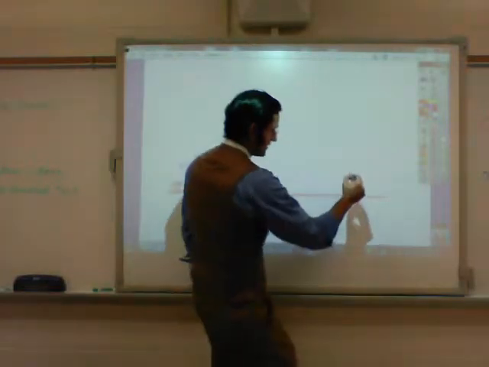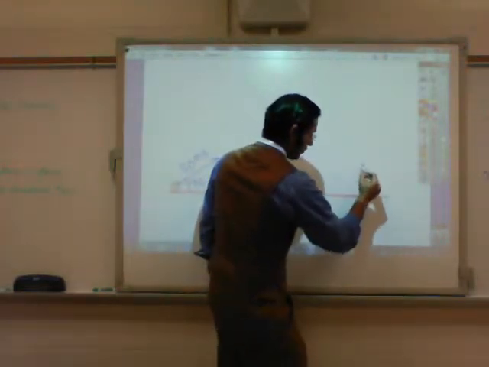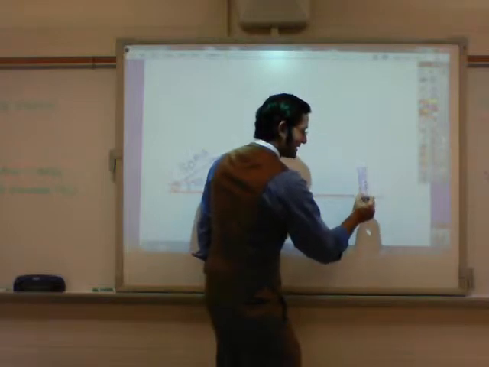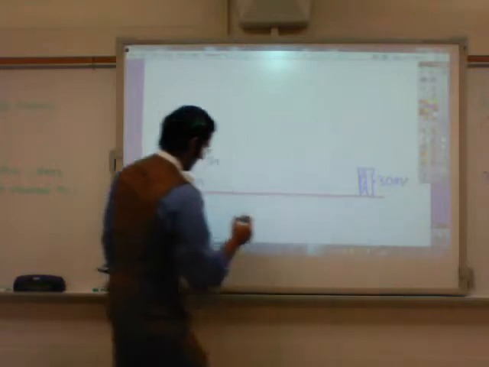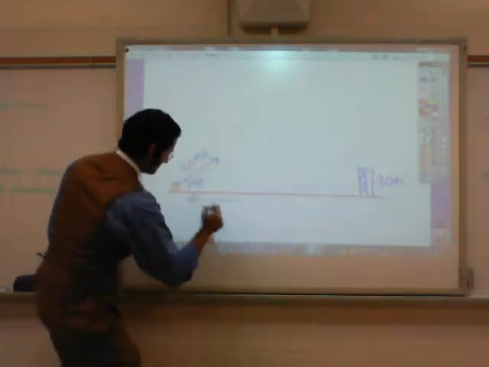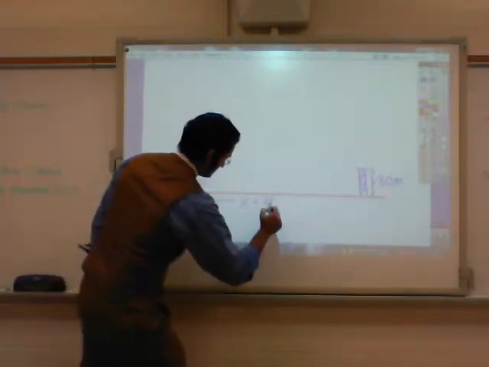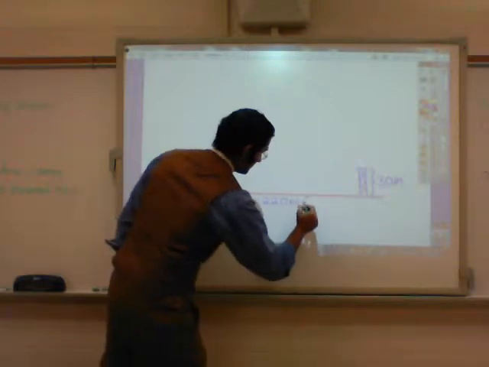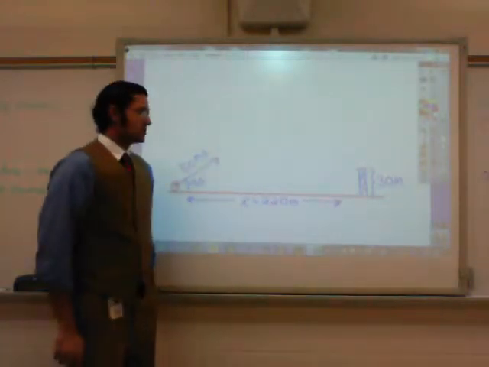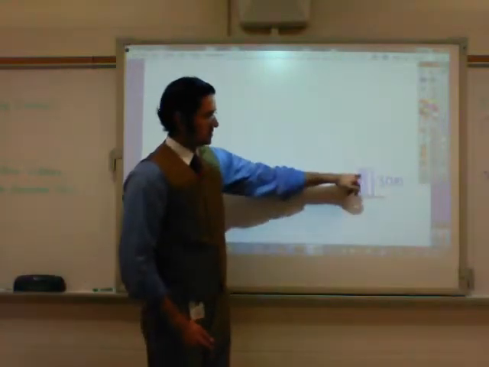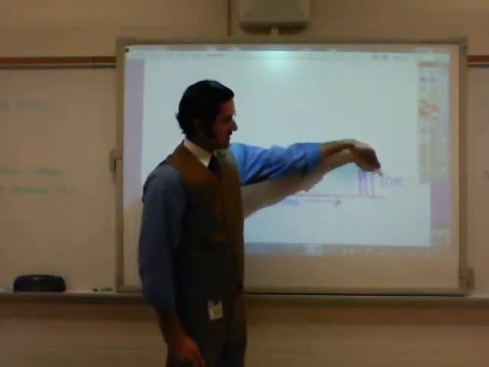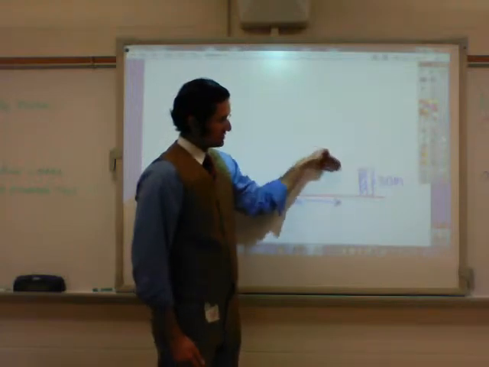And 220 meters to its right is a wall, and the wall is 30 meters tall. The question is, does the cannonball end up striking the 30-meter tall wall, or does it clear the wall?